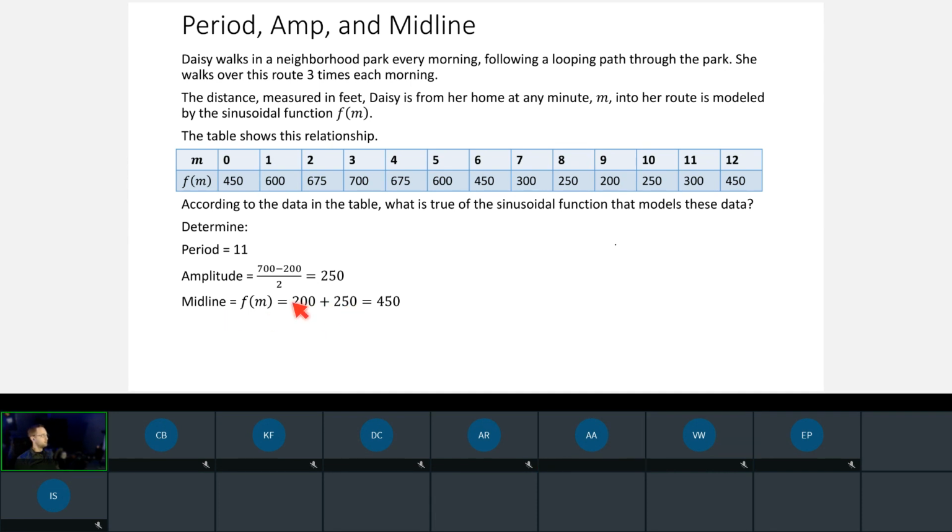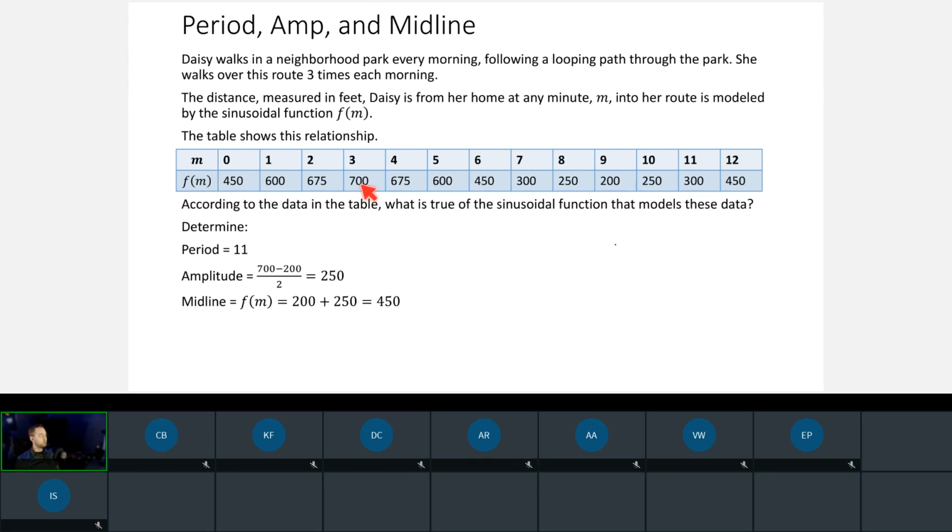Yeah, so I did the amplitude because I found it in the previous step, and then I took the minimum, which was 200. Yeah, 200 is right here. So I had 200 plus the amplitude to get 450. You also could have done the maximum, which is 700 minus 250. 450.